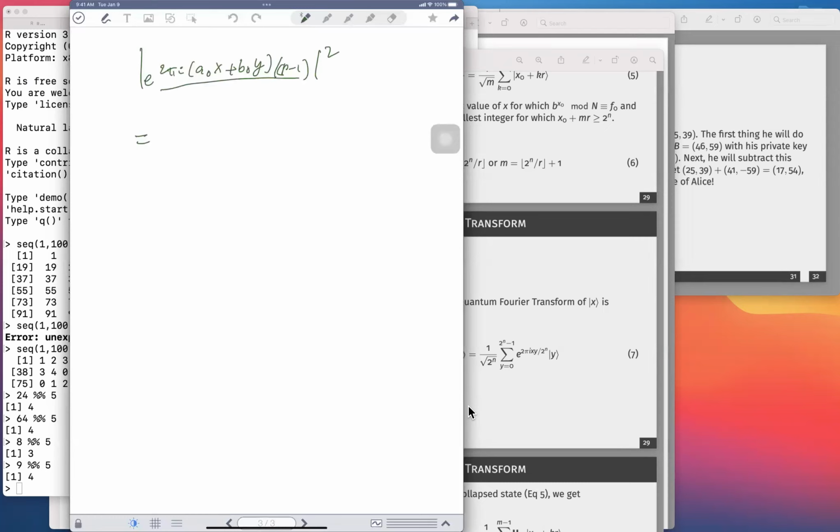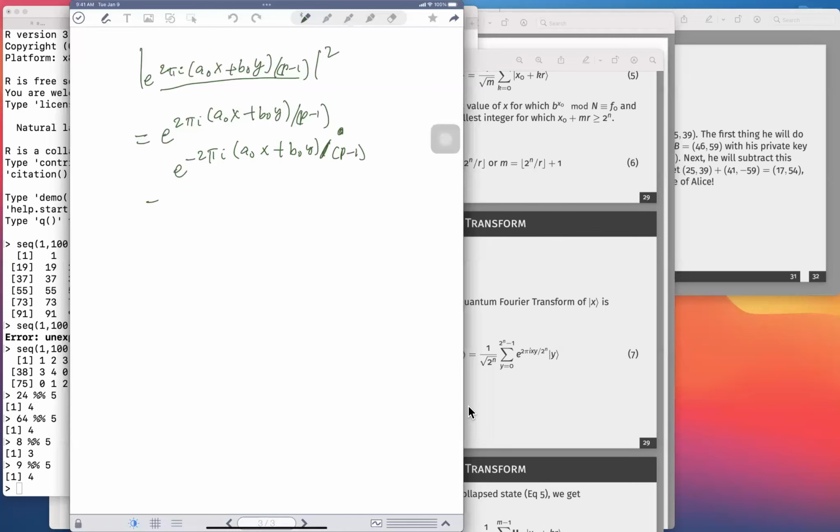So this term, e to the 2 pi i a0x plus b0y over p minus 1, multiplied by its complex conjugate, which is e to the minus 2 pi i a0x plus b0y over p minus 1.